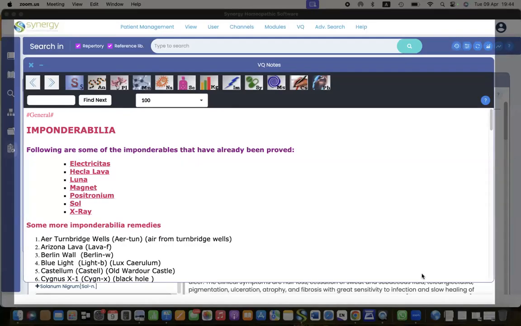Has anyone else had any cases of lights, different colors? Yeah. So remember, X-ray is a light as well.